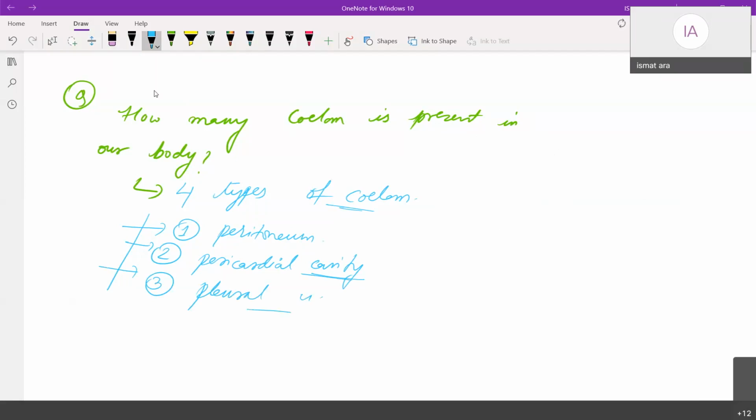Now, ma'am, these are 3 coeloms, so how 4 types? Now the pleura is 2 in number, left and right. For that it becomes 4. That is 3 and 4. Is it clear? 4 types of coelom are present in our body: peritoneum, pericardial cavity, and 2 pleural cavities. Okay with this? Yes, ma'am.